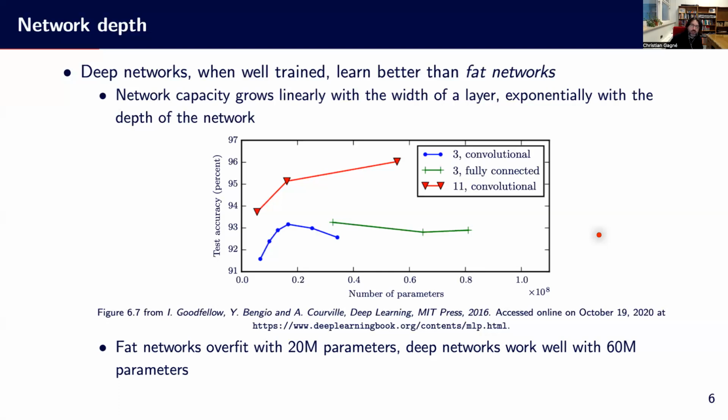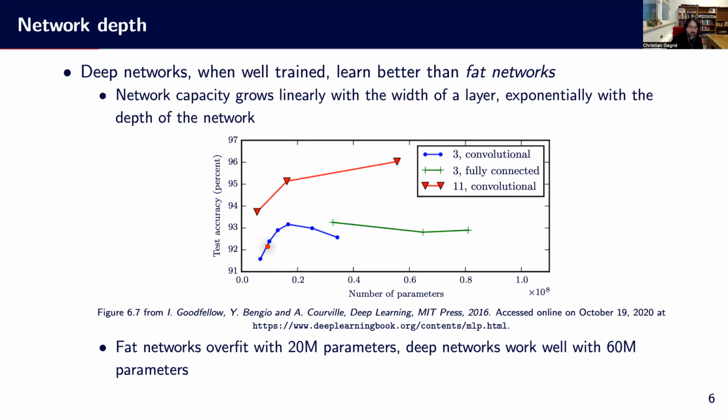An example here is that we have 3 types of networks. So we have in blue a CNN, a convolutional neural network of 3 layers. We see that it is able to gain some capacity with a peak performance close to 20 million parameters, but then it starts to overfit and the performance is degrading.